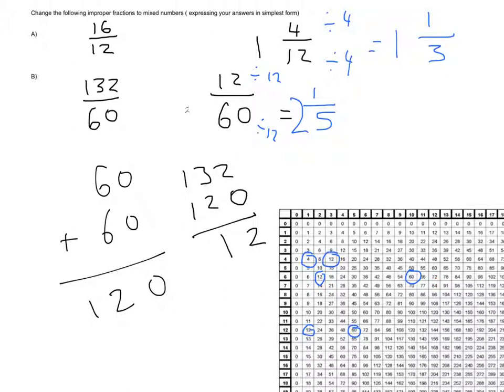So in this case, 12 divided by 6 is 2, and 60 divided by 6 is 10. We could use that, but again, remember that we want to try and choose the higher common factor. So 12 is a higher common factor than 6. So it's better just to go straight to 12, and that means that we won't have to make an extra step.